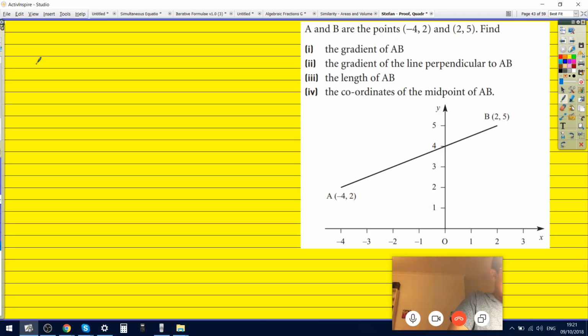So then change in y over the change in x. So you say that to be 2 minus 5 over minus 4 minus 2, minus 3 over minus 6, which is a half.